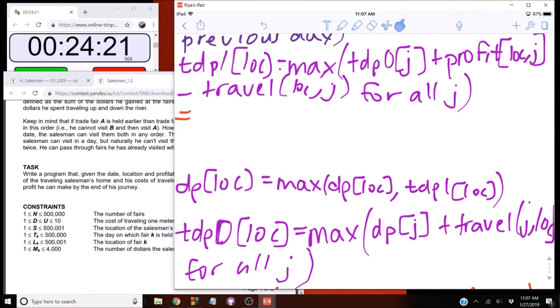okay, let's consider this formula, profit of lock to j.